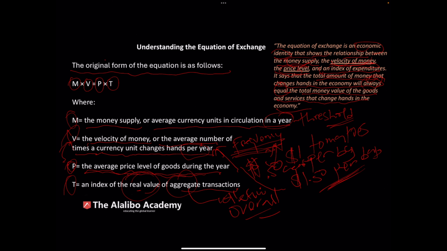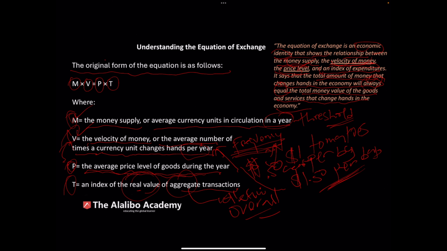All right, so let's take a look at this a bit further here. M and V can then be seen as the average currency units in circulation in a year, multiplied by the average number of times each currency unit changes hands in that year, right? Very important. Let me say this again.